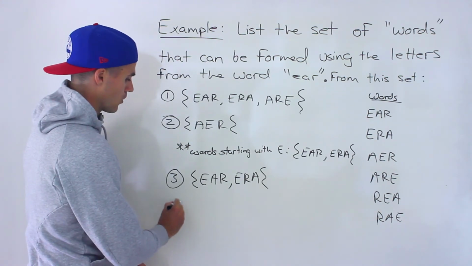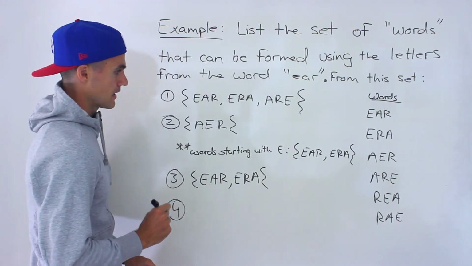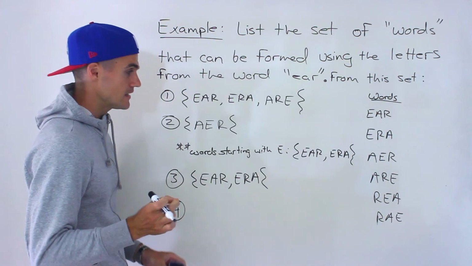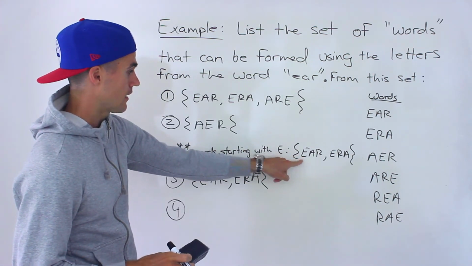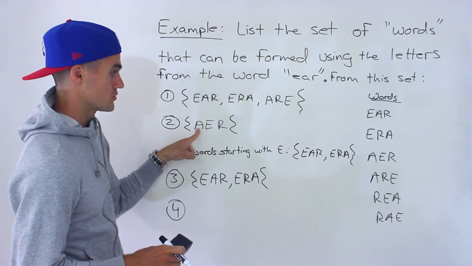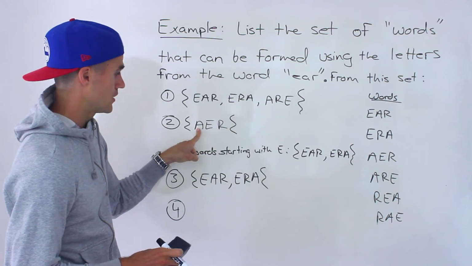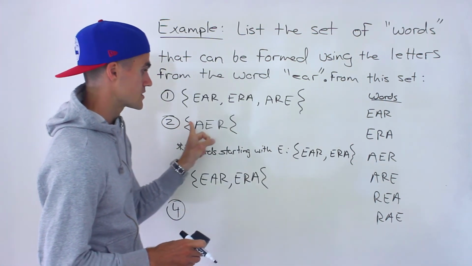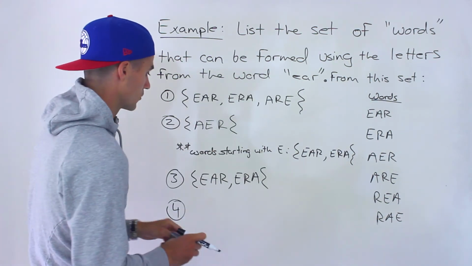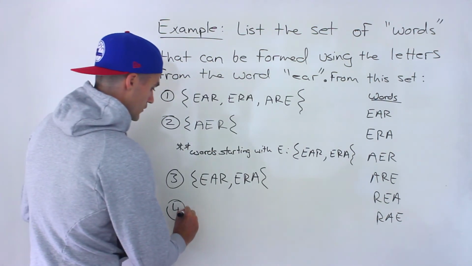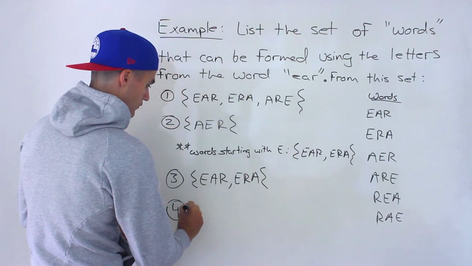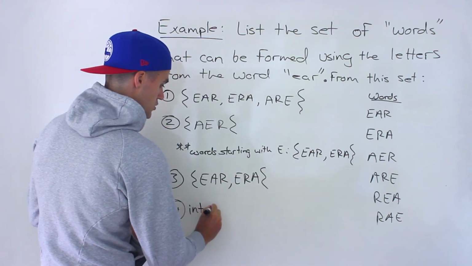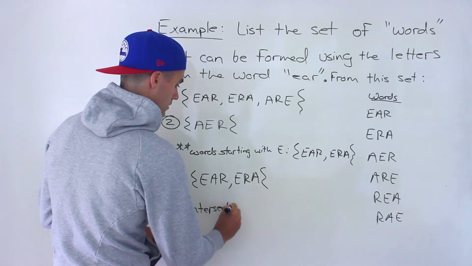Now, number 4, what it's asking us is to find the union and the intersection between this subset, words starting with E, and the subset from number 2, which is this over here, the words where the letters are in alphabetical order. So let's start off with the intersection between this subset and this subset. Those are the 2 we're looking at for number 4. So the intersection between them, what is it going to be?